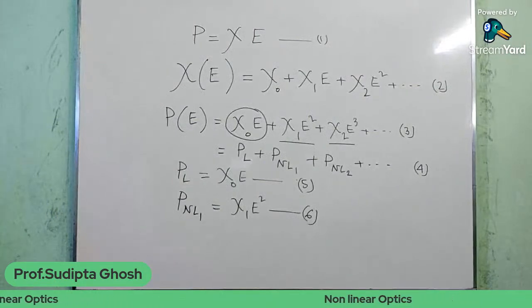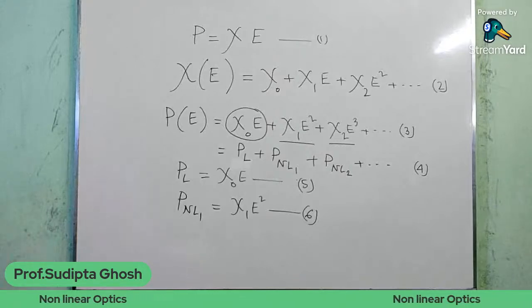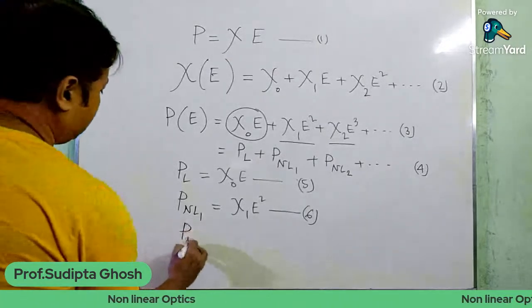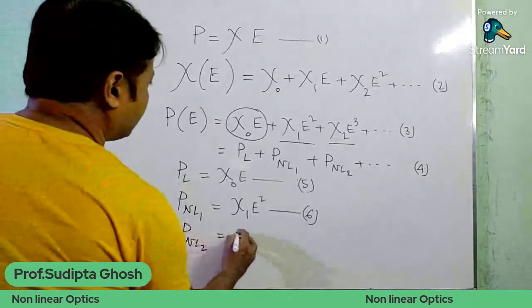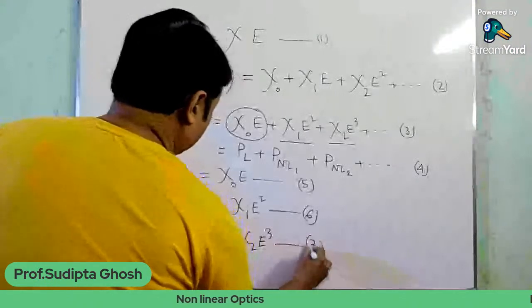So now let's talk about the next term, that is the third term, and it is also a non-linear term. It is the second order non-linear term PNL2, and it is given as chi2 E cube. Let it be equation 7.